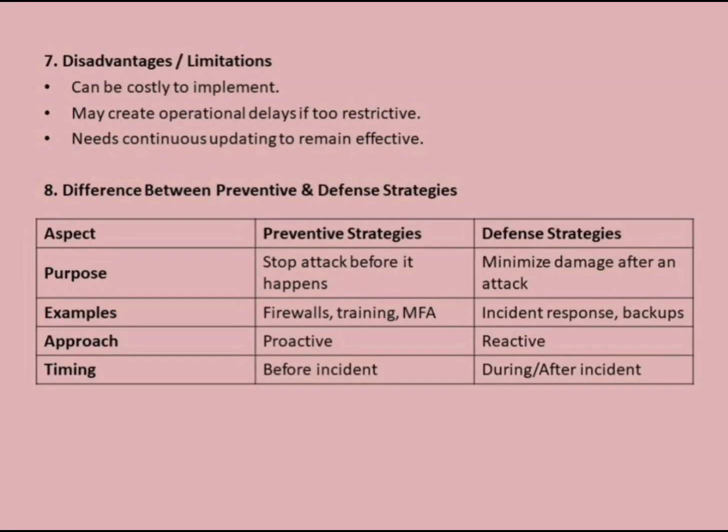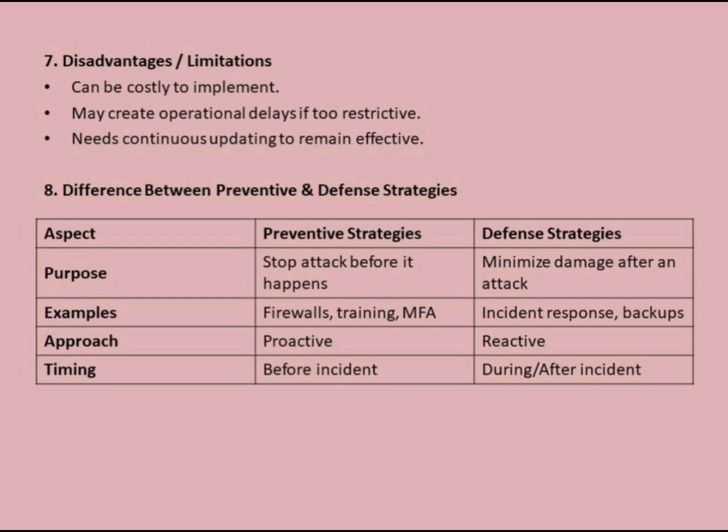Disadvantages and limitations of preventive and defense strategies highlight that while these measures are essential, they are not without challenges. Firstly, implementing comprehensive security controls, such as firewalls, intrusion detection systems, multi-factor authentication, and employee training, can be costly, especially for small or medium-sized organizations. These costs include purchasing hardware and software, paying for skilled personnel, and maintaining security systems.